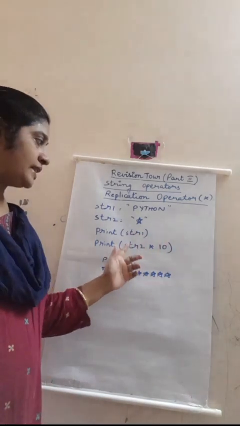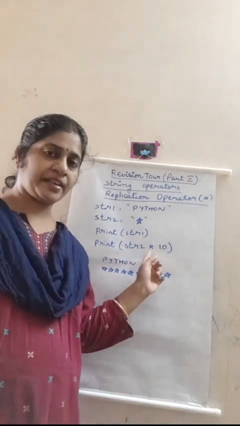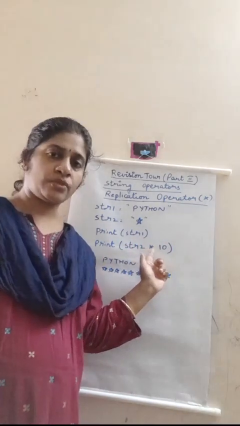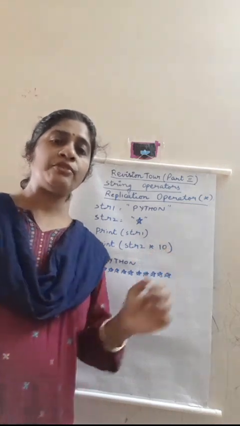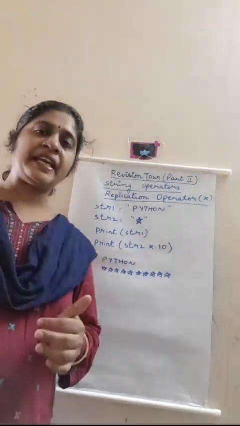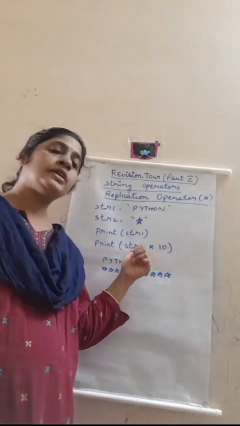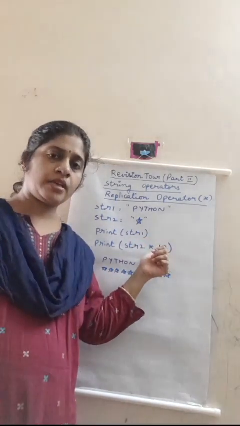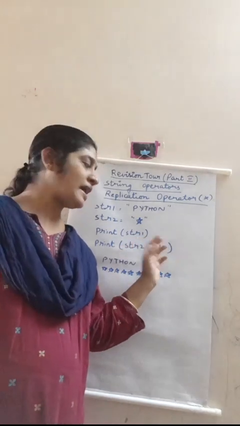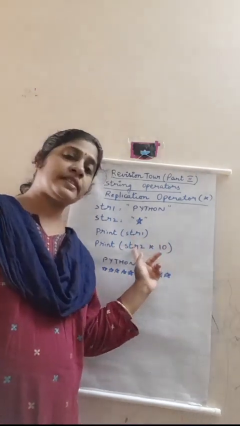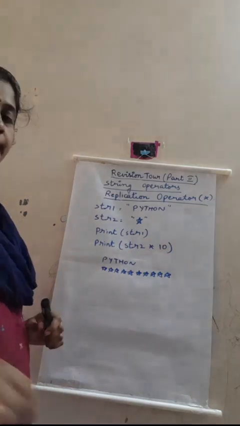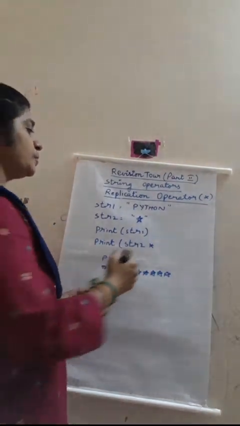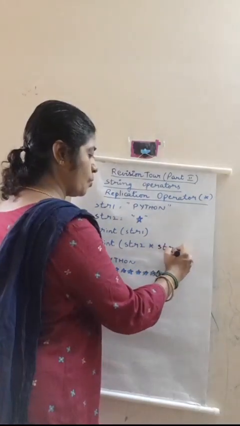Now this is the use of the into operator over here. You have to remember that whenever you are using the replication operator, one operand should be a string and the other operand should be an integer. You cannot multiply both strings. That is, I cannot write str2 into str1.